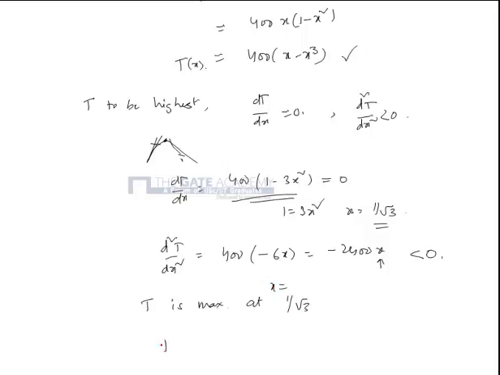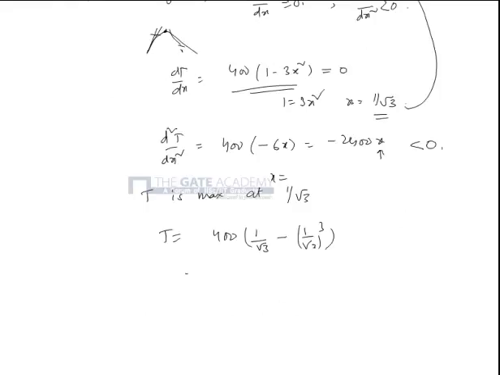So let's substitute the value of x here. So 400 into 1 by root 3 minus 1 by root 3 whole cubed. So I can simplify this.